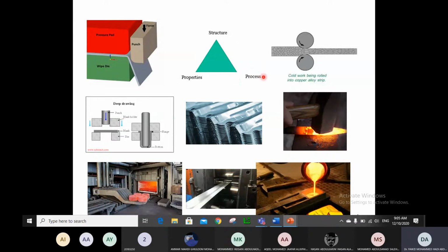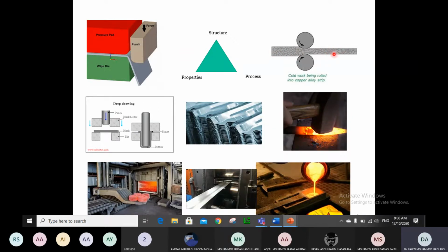We said we can do different processes in order to change the structure of the material, which inevitably is going to change the properties of the material. These processes could be bending, as you could see there. This is the sheet which is being bent. You have a change in mechanical working on the material here, which changes the structure and therefore changes the property of the material. Drawing, for example, is changing the structure of the material.